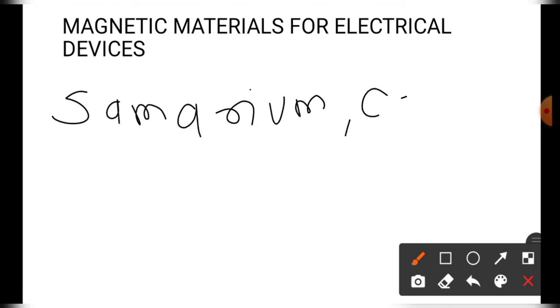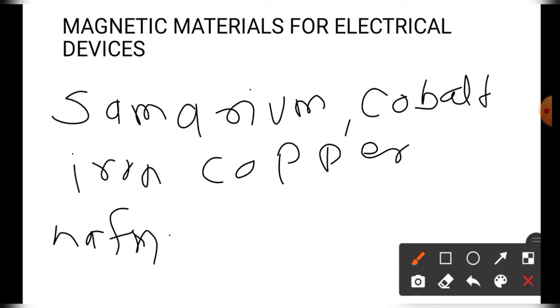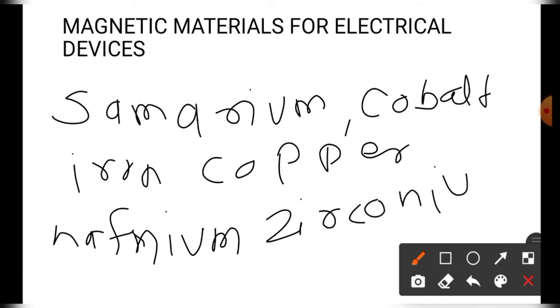Firstly, we are going to see the samarium magnet. The samarium cobalt magnet is made up of samarium, cobalt, iron, copper, hafnium, zirconium, etc.